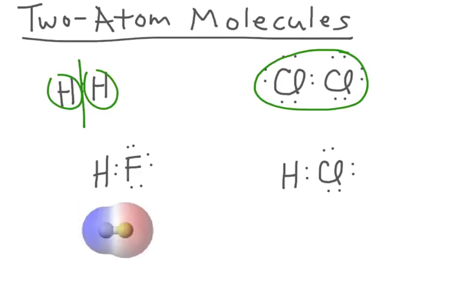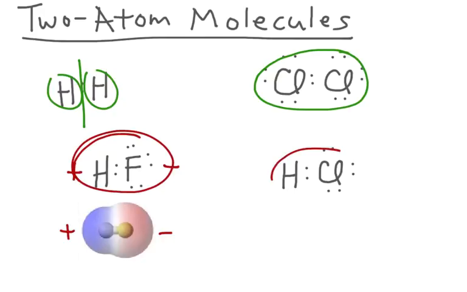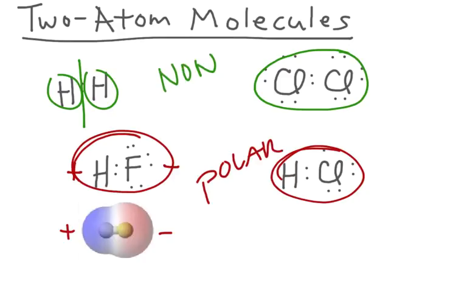But if we take a situation like HF, F pulls electrons more than the hydrogen does, so it ends up being a little bit negative on one side, a little bit positive on the other side, and so that's going to be a polar molecule. So when you see two different atoms bonded together, then that's definitely going to be a polar molecule. So these two examples would be polar, and the two examples here will be non-polar.